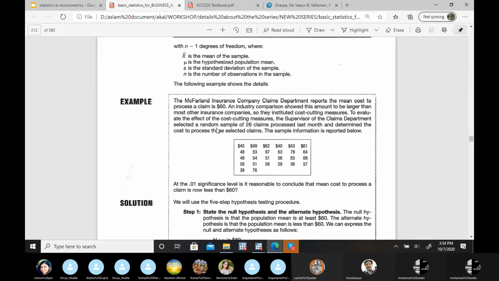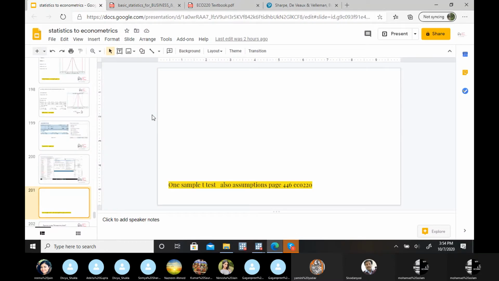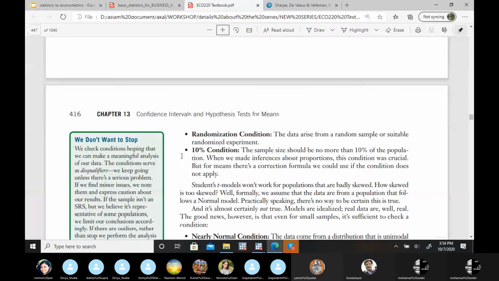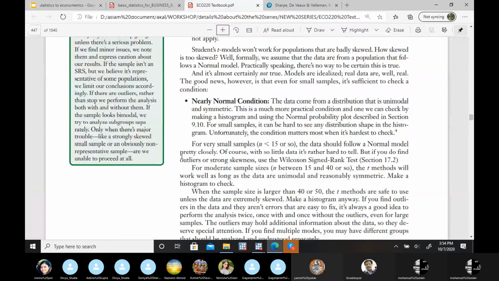They just took a sample size of 26. This insurance company, if it's a big company, definitely has thousands of claims, right? So 26 is not even near 10%. So we can assume that assumption holds and we can apply the t-test. These are the three precautions you have to take care of while you apply the t-test.